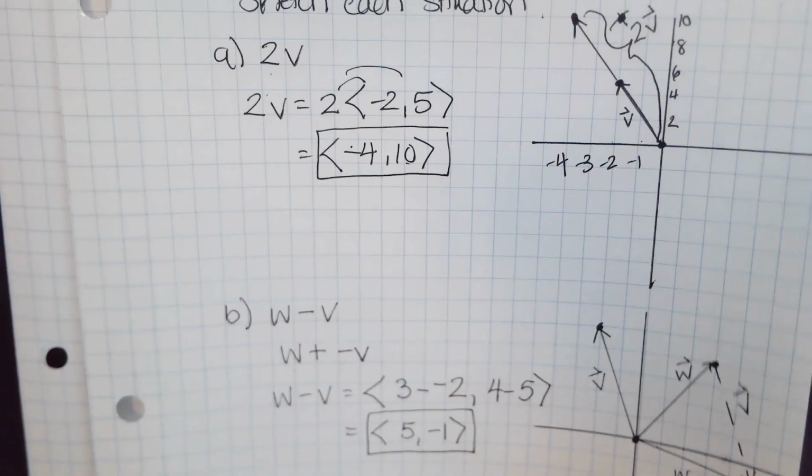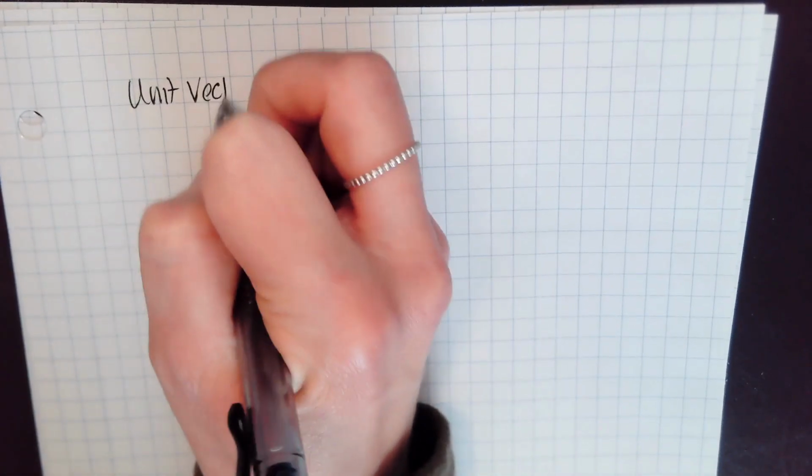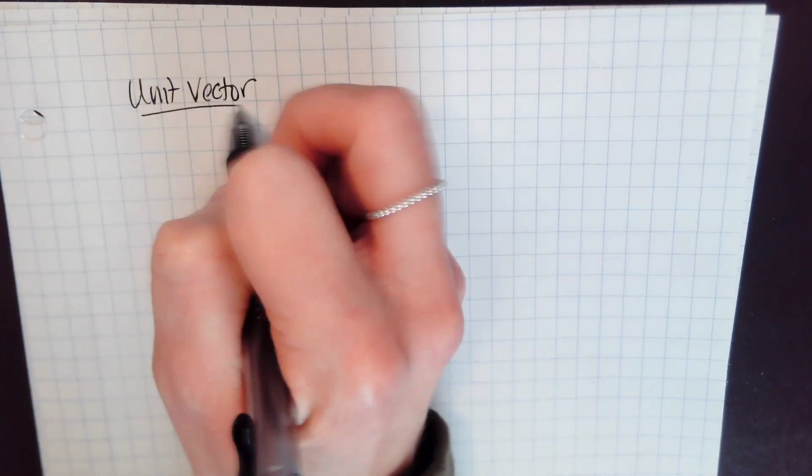All right, and last thing we're going to talk about, which will come up a couple of times here, is our unit vector a little bit more. So far, all I mentioned was that a unit vector has a magnitude of 1.